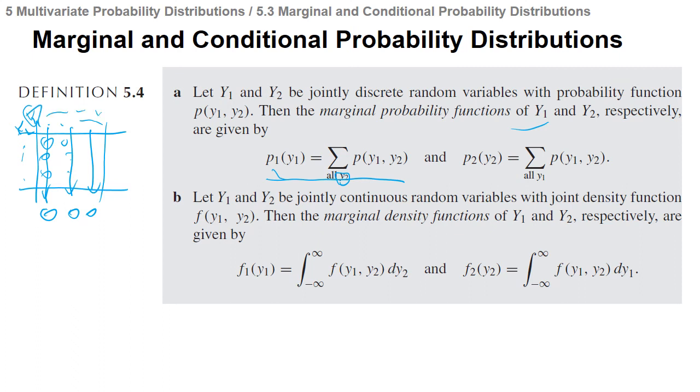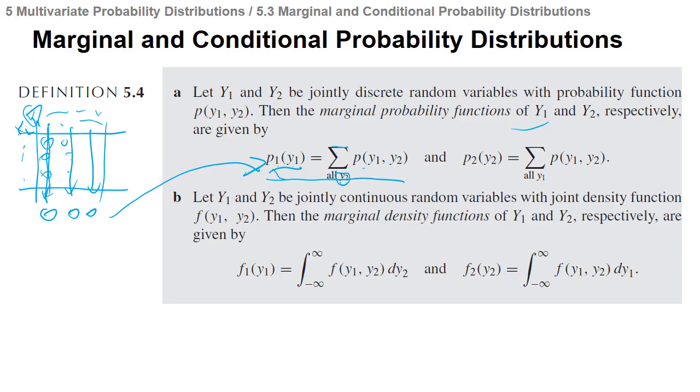So this is one probability of p1(y1). If we sum up all the probabilities related to Y2 this way, then we can get p1(y1).